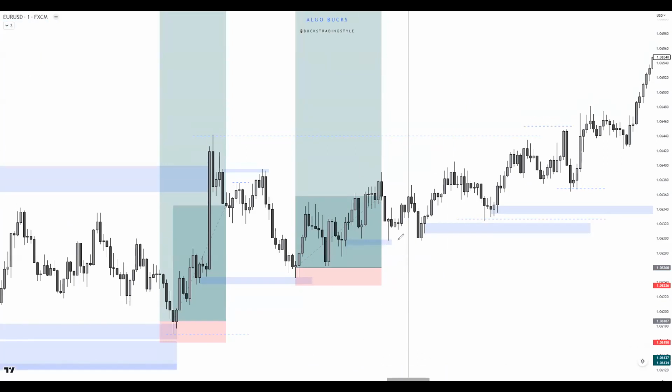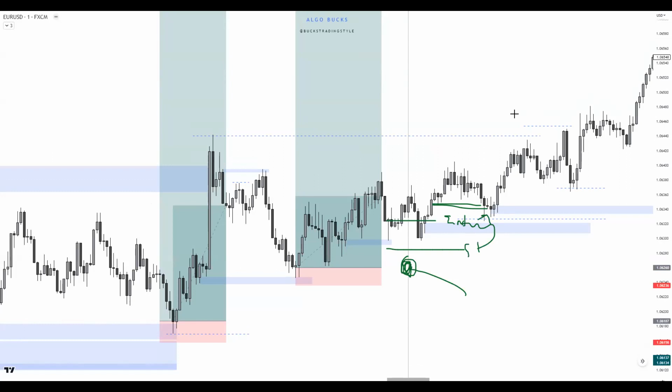If we consider this confluence, then this buy would have been a nice buy. If we were considering the session close, this buy would have been a nice buy, and also this right here, after price takes the liquidity and gives us this rejection, this would be another confluence for the buy.